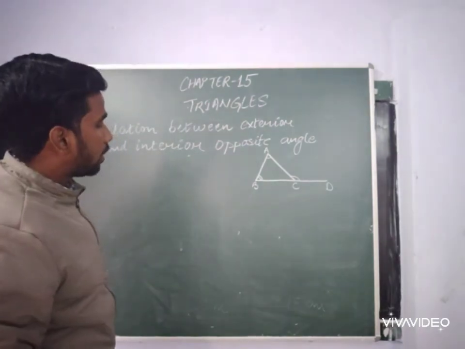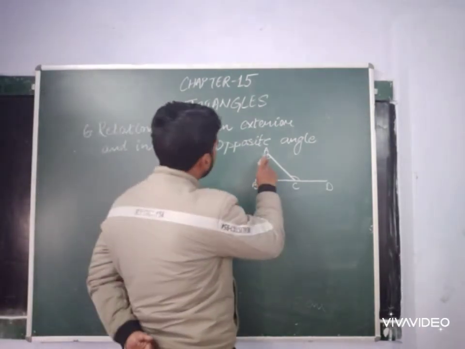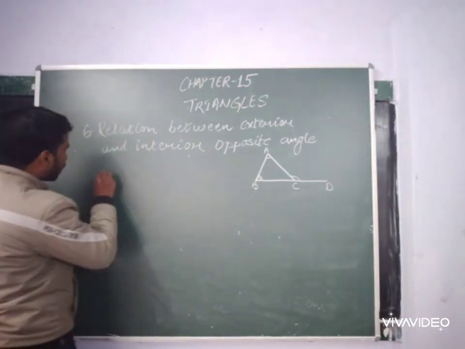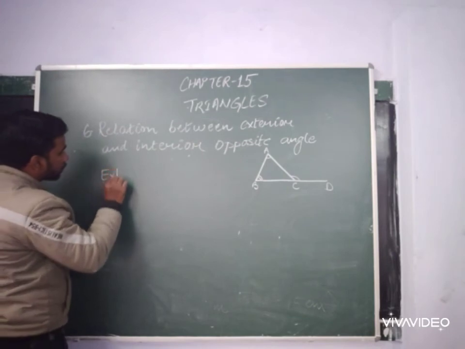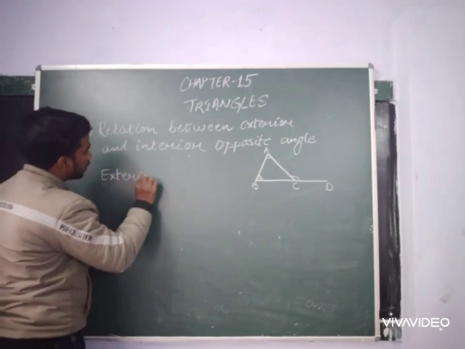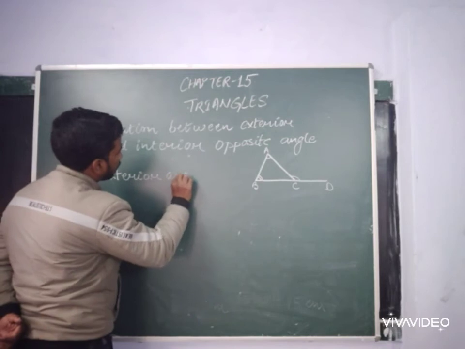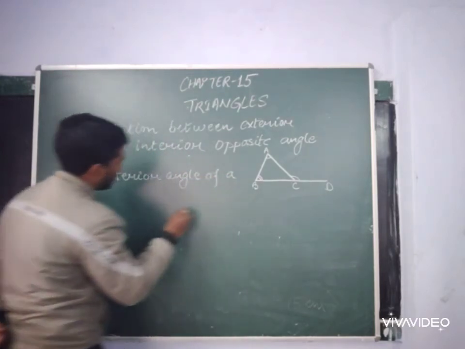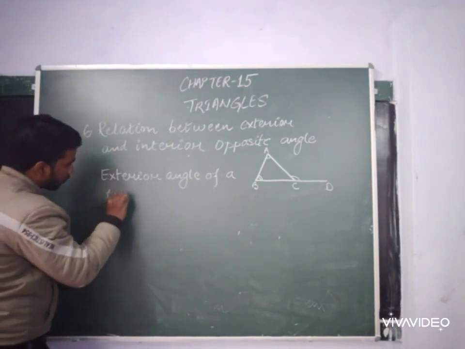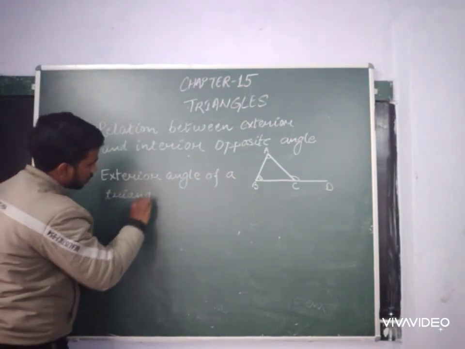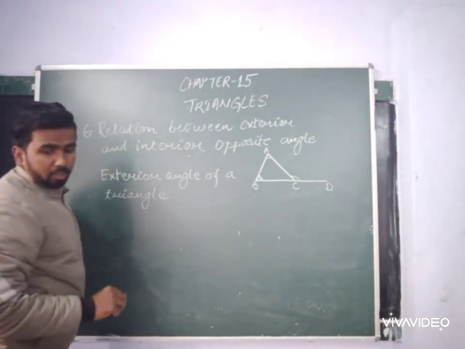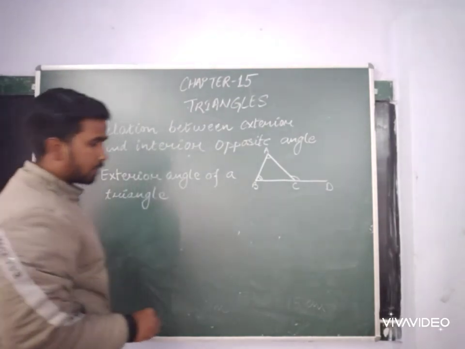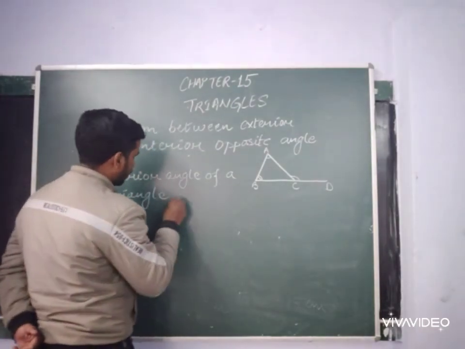So in a triangle, the definition is: an exterior angle of a triangle is always equal to the sum of its two interior opposite angles.